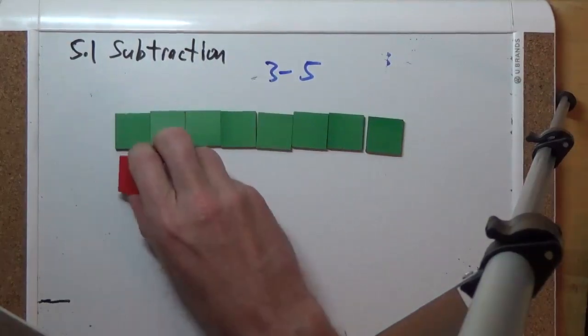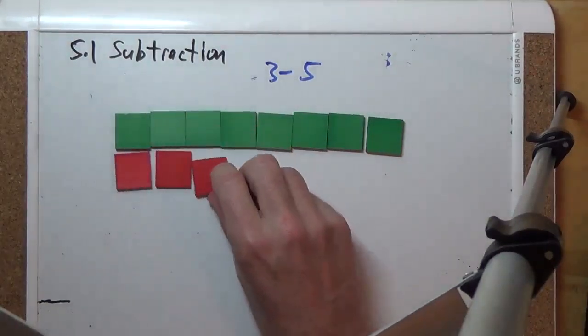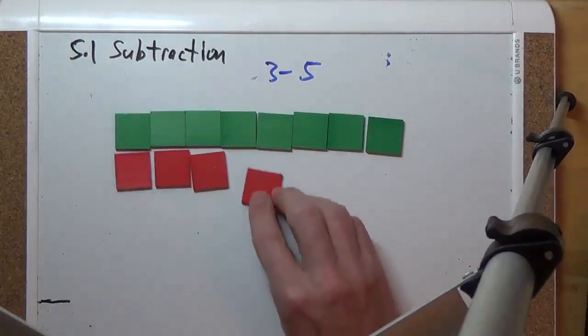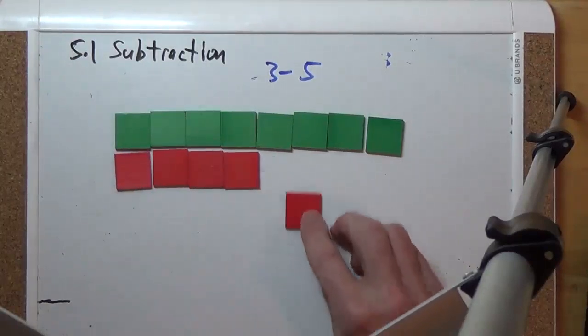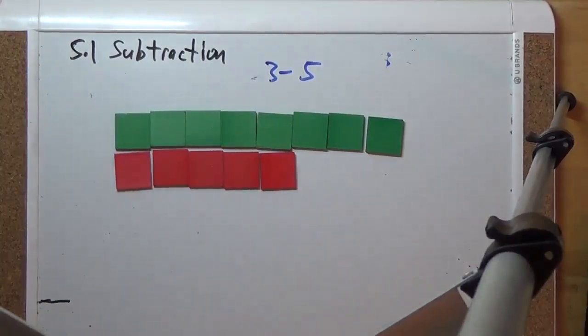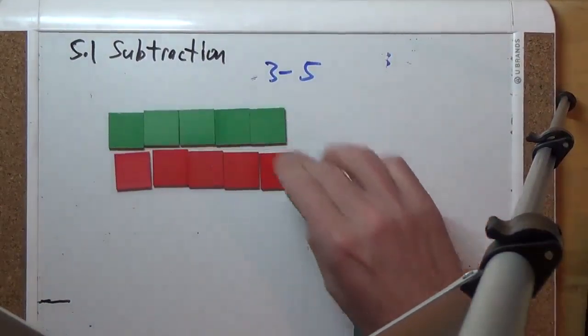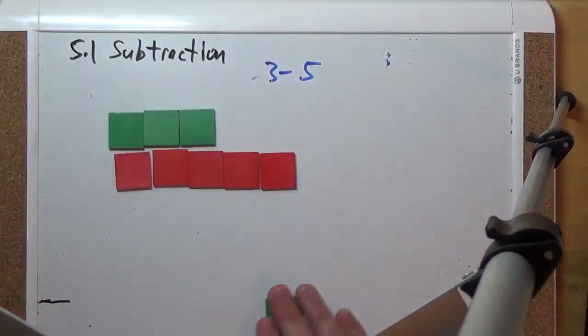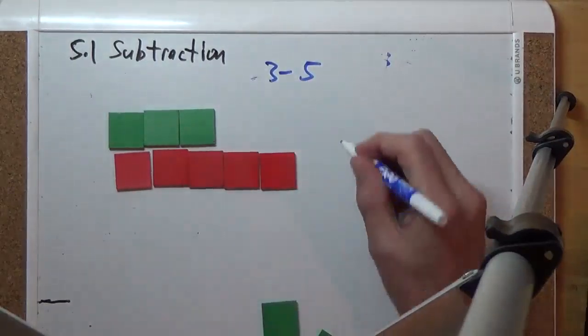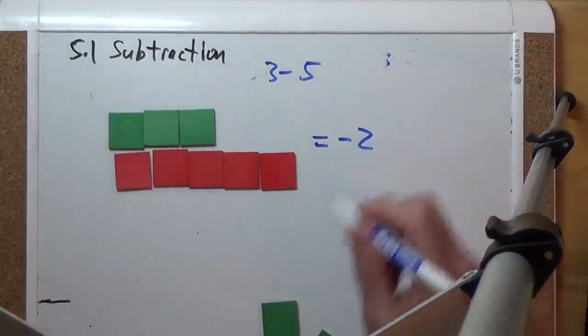So this is creative use of 0 pairs. Notice now I've got 3. Now can I take away 5? Because I want to physically take away. That's the big thing about the chip model, is you have to take something away. So let's take away 1, 2, 3, 4, 5, and look where we ended up. -2.